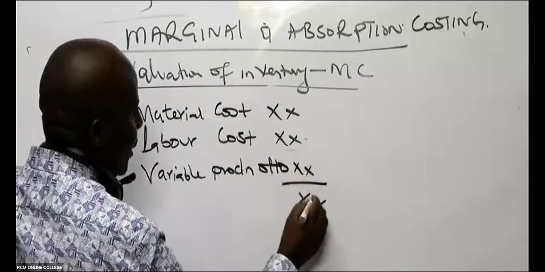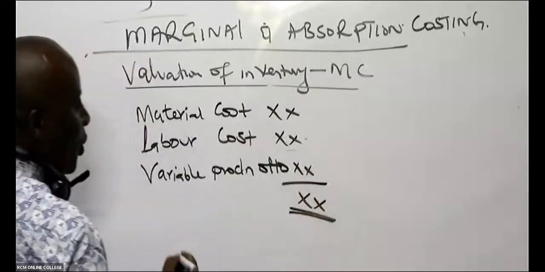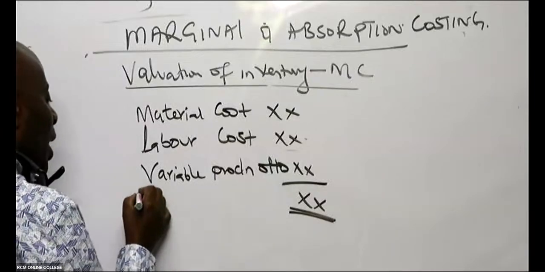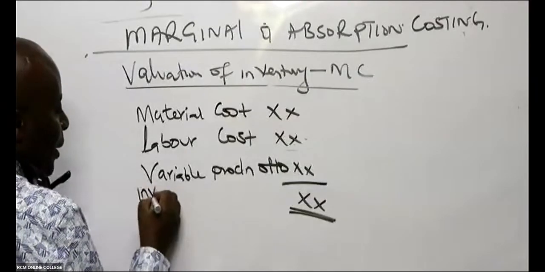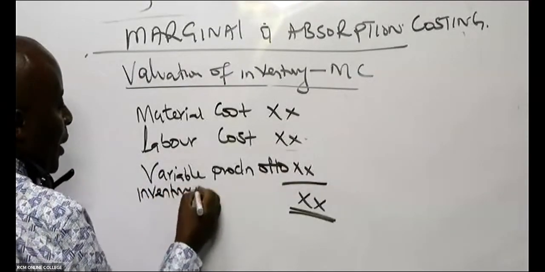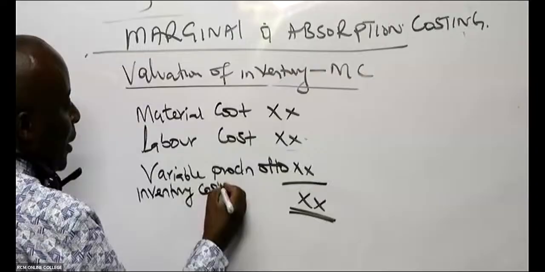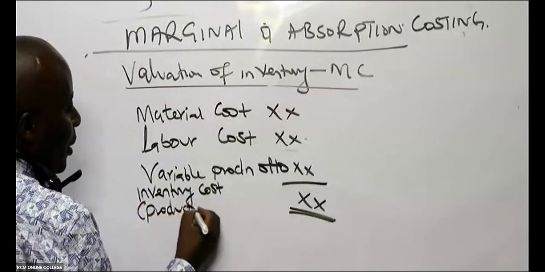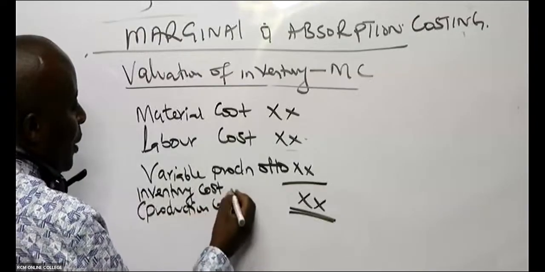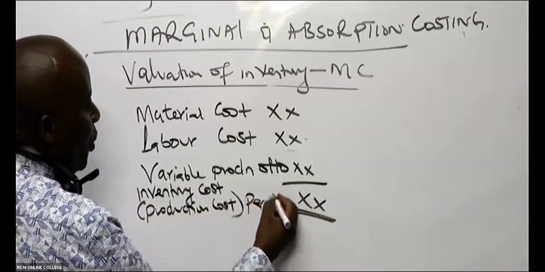Under marginal costing, these will be our inventory cost, or production cost, per unit.